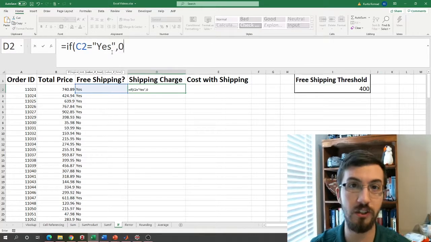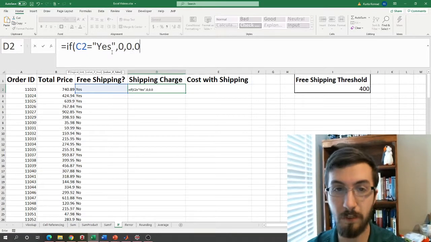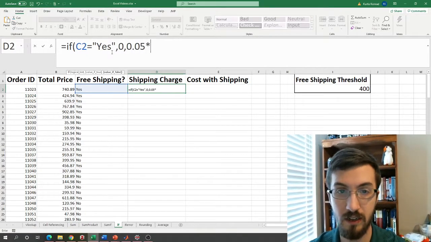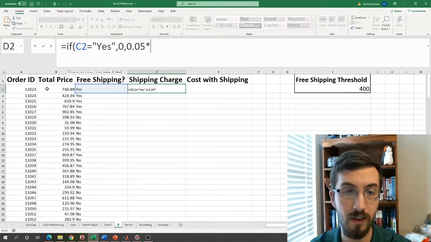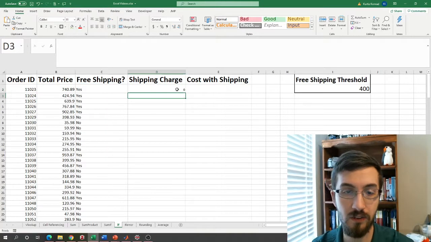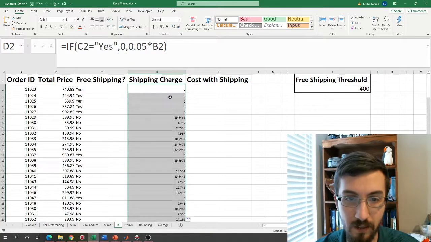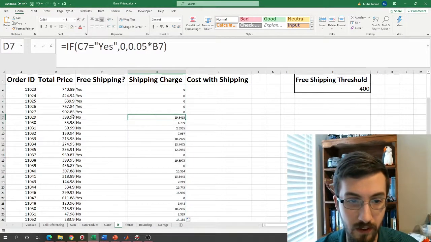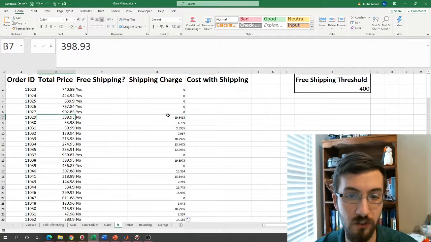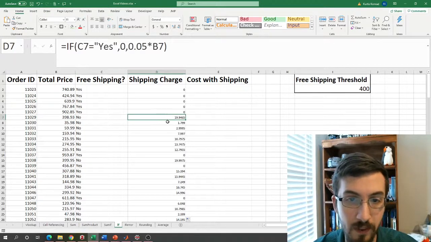Their shipping charge is 0. Otherwise, they have to pay 5% of their price. And so we can now see he's paying nothing, but then here, almost $400, so it should be almost $20, and that's exactly what we see.